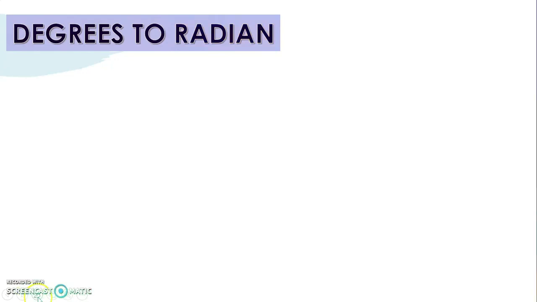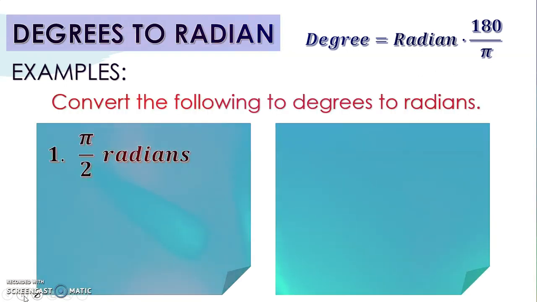What if you are asked to convert radians to degrees? In converting radians to degrees, class, degrees equals radians times 180 degrees over pi. So for example, pi over 2 radians. So we are going to have it like this: pi over 2 radians equals pi over 2 times 180 degrees over pi.